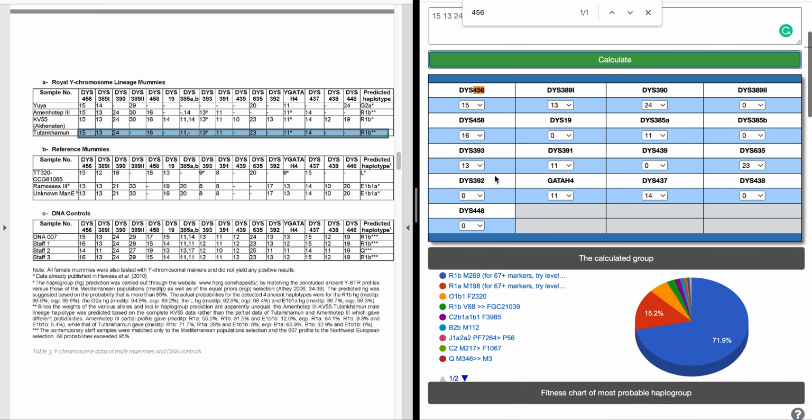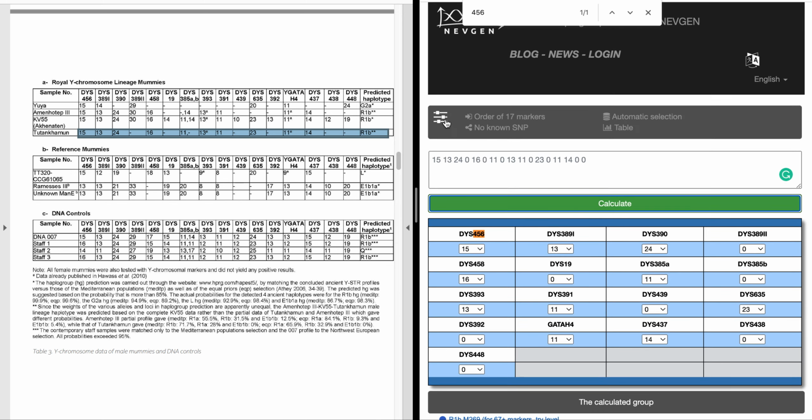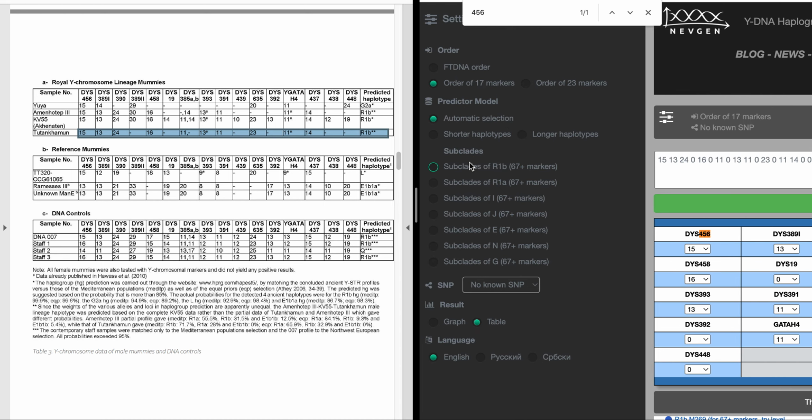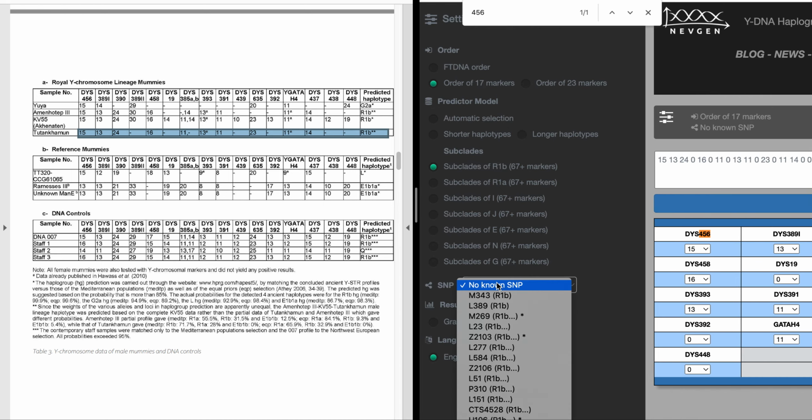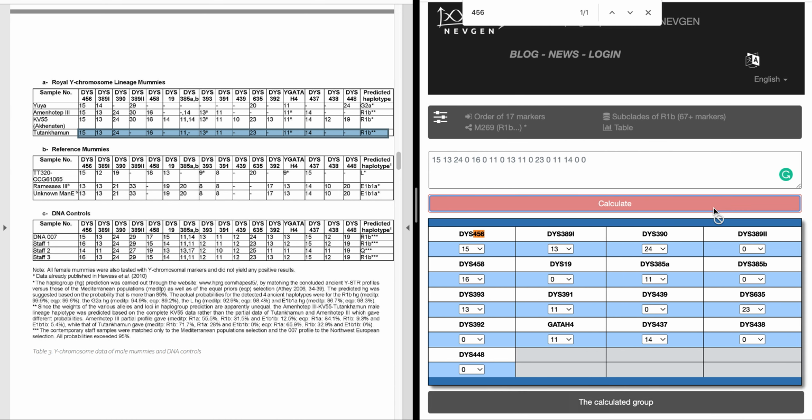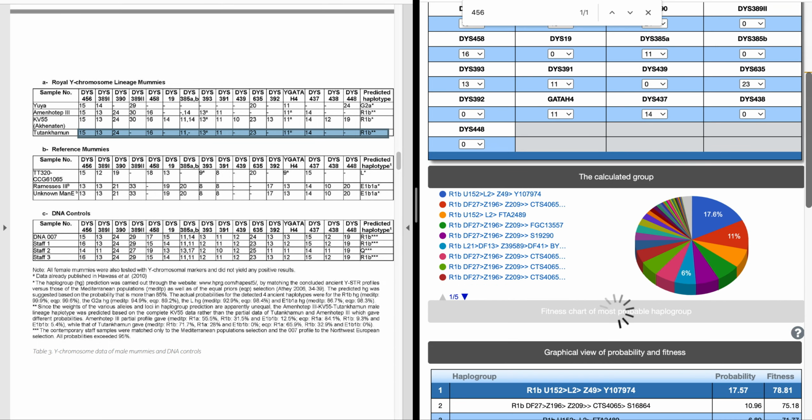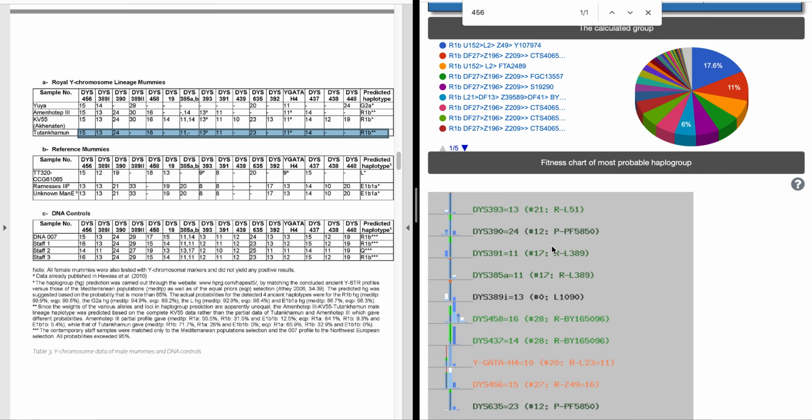Alright, so what we're going to do is we're going to select that SNP. So we got R1b and it's at 269. Oh wow, okay.